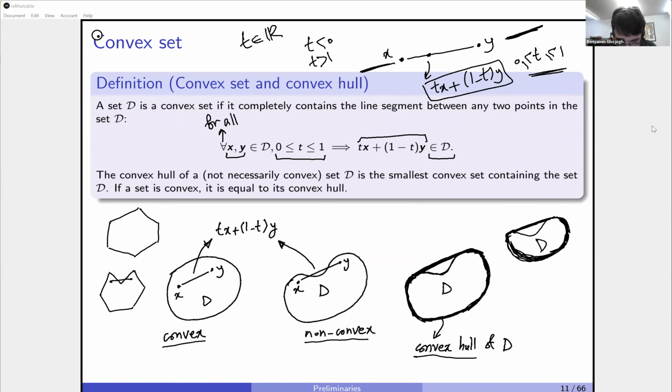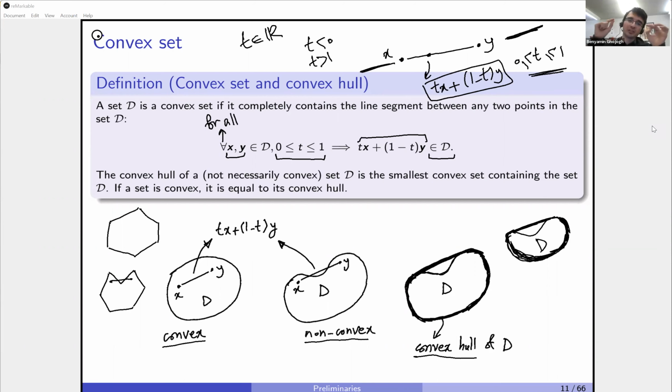So what was the convex set? We defined that for every 2 points in the set, when you draw a line between those 2 points... By the way, the set does not necessarily need to be 2-dimensional. It can be a multi-dimensional set. In this slide, we have drawn a 2-dimensional set. It can be a 3-dimensional set, such as a ball. So assume we have a multi-dimensional set.